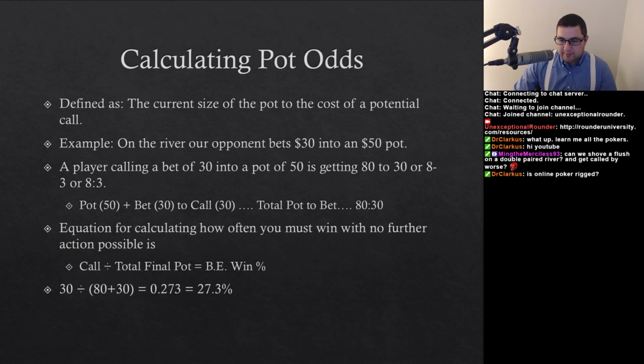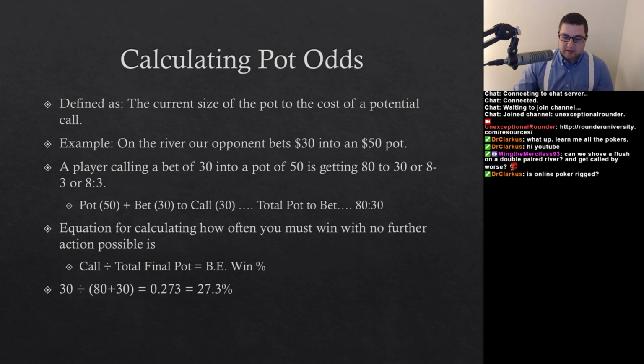The next step is using this information to figure out how often we must win when we call to make money. So this is calculating how often we must win. The equation for that is the call amount divided by the total final pot, which is your break-even win percentage.